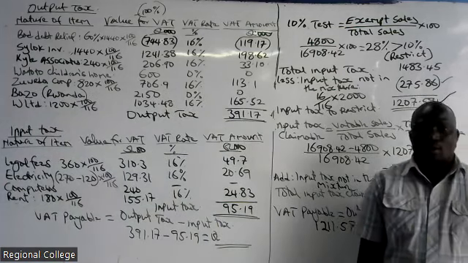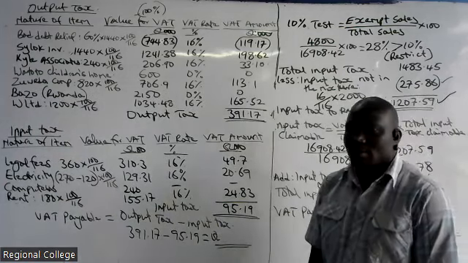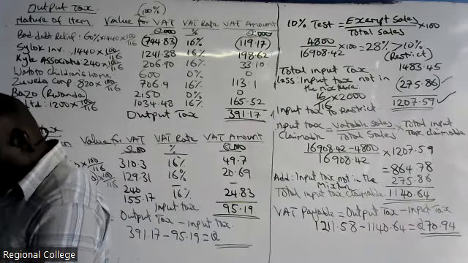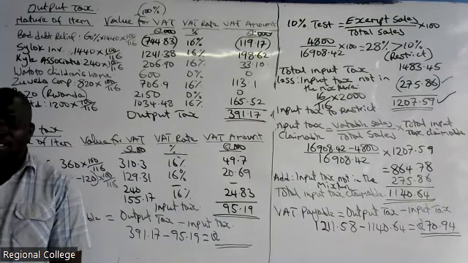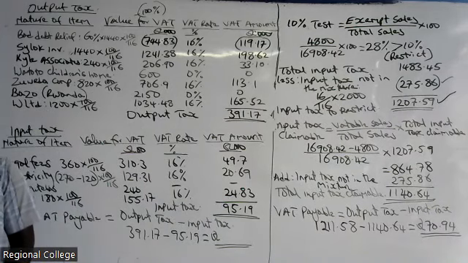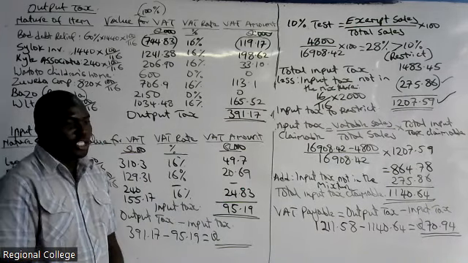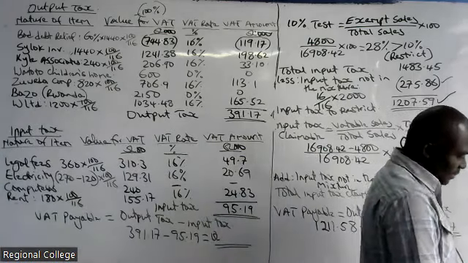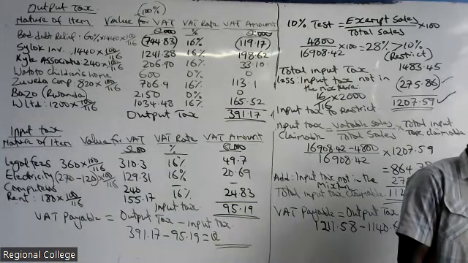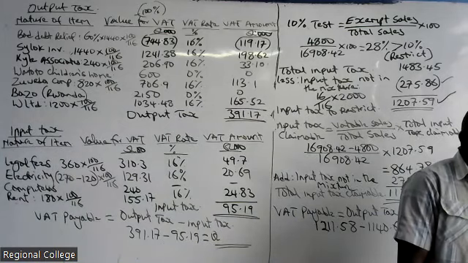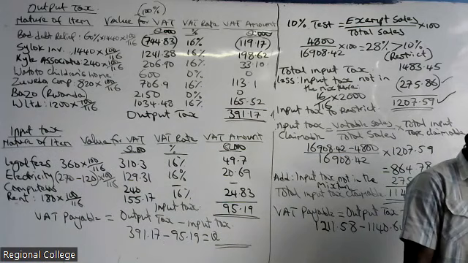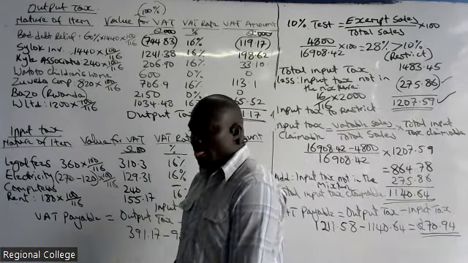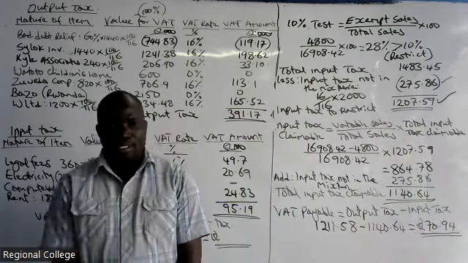Number 2, when payment for services is made, either in full or partially. And lastly, number 3, when invoice is issued.